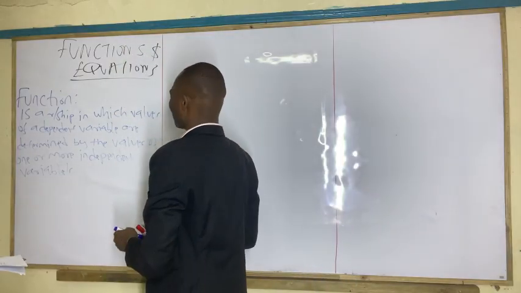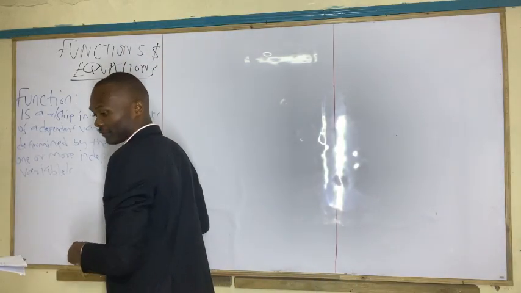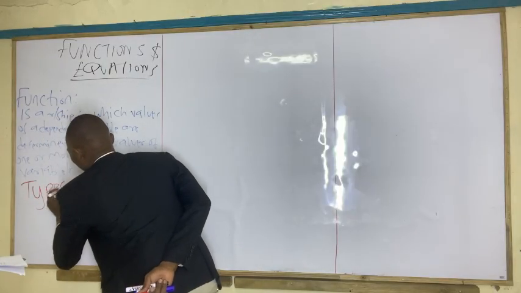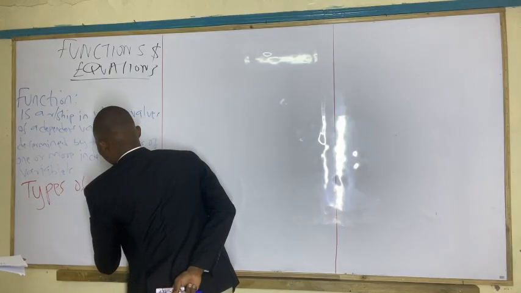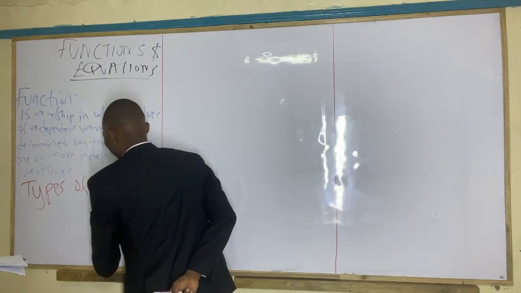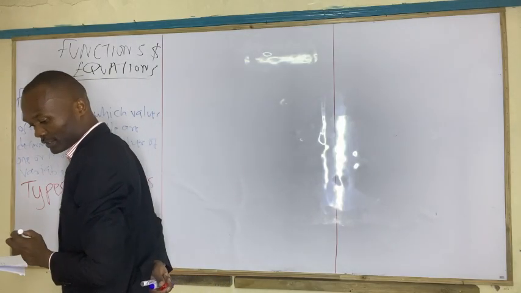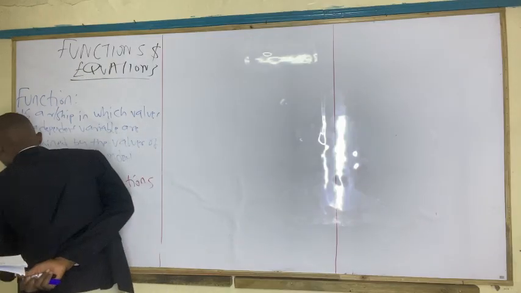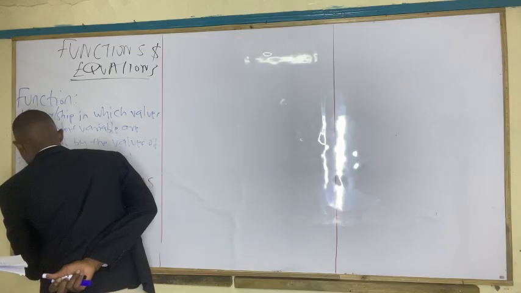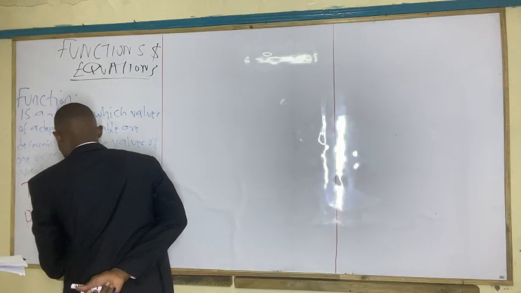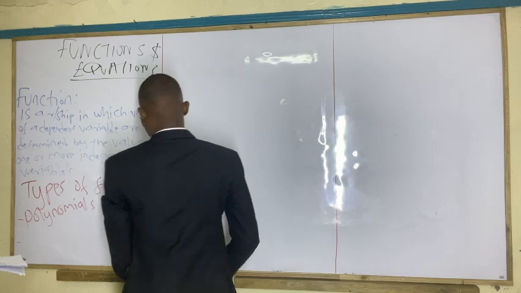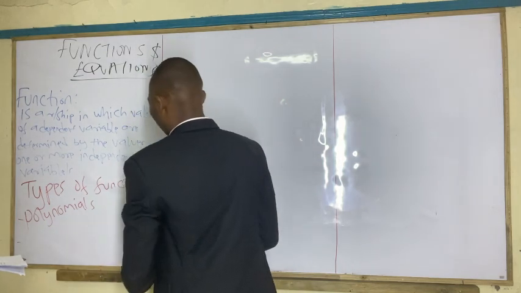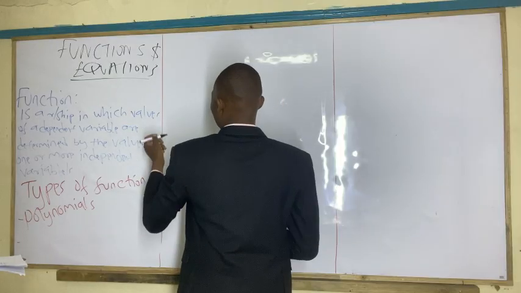So we are looking at types of functions. Under the types of functions, we have polynomials. So here in polynomials, we will look at something called degrees.